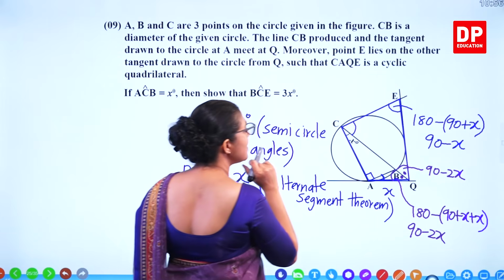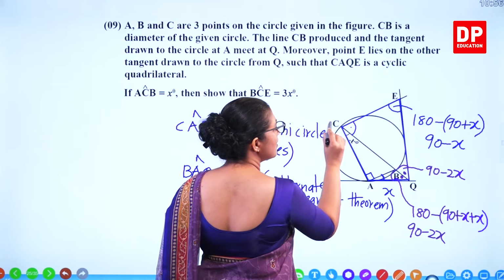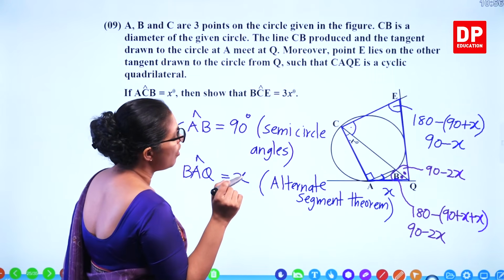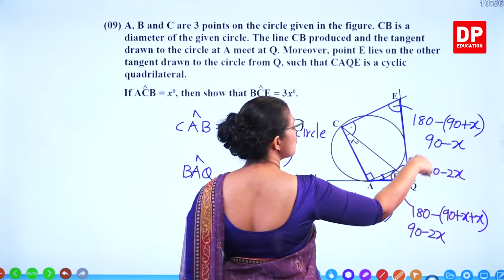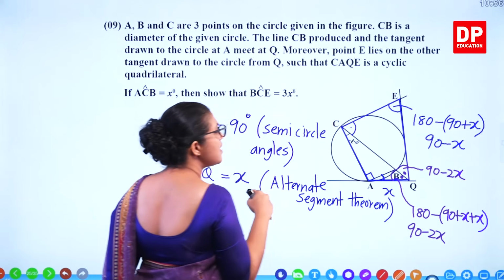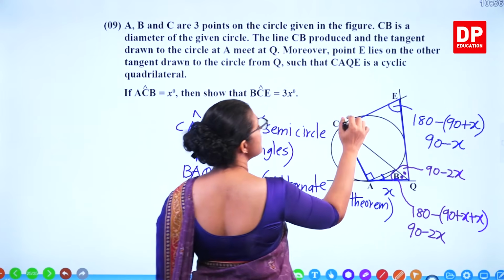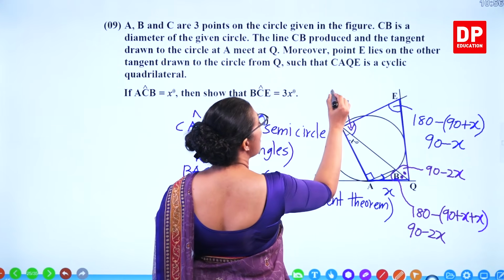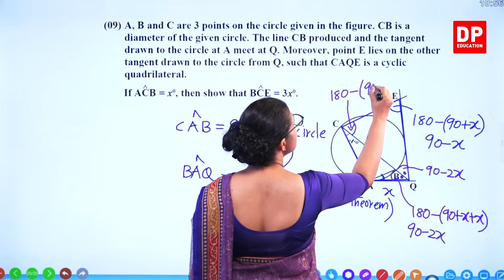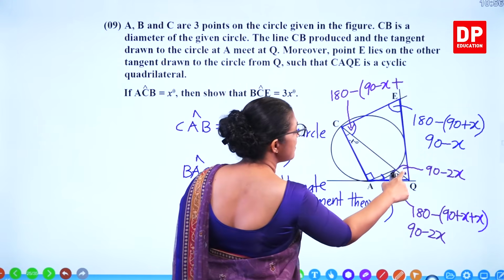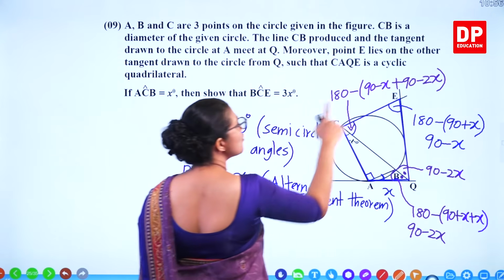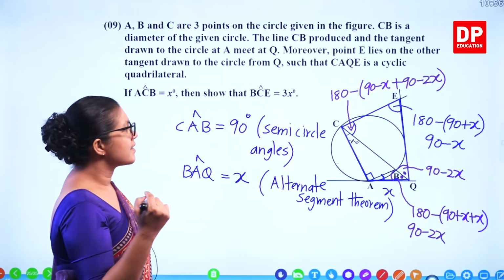Now you can find this. You can use opposite angles add up to 180, or you can use these two to find this angle. So we'll use the CEQ triangle. This angle is 180 minus, this is 90 minus x, and this one is 90 minus 2x. When you simplify, you get 3x.